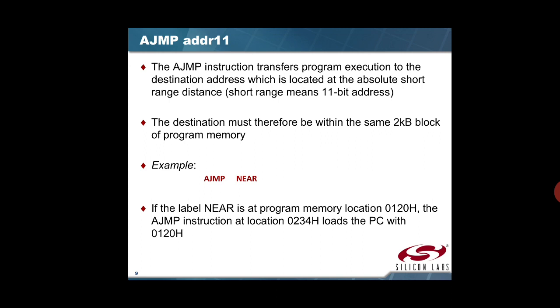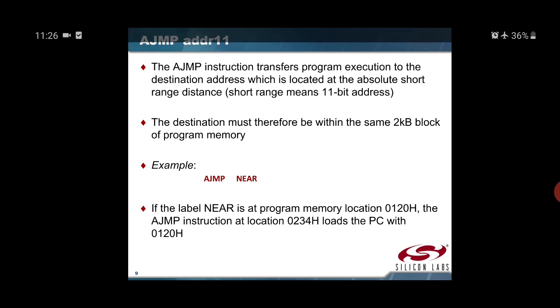It is the same here. There is a label NEAR at the location 0120H. My near labeled instruction is located at 0120H. Whenever it sees the instruction AJMP, the PC will be loaded with 0120H.